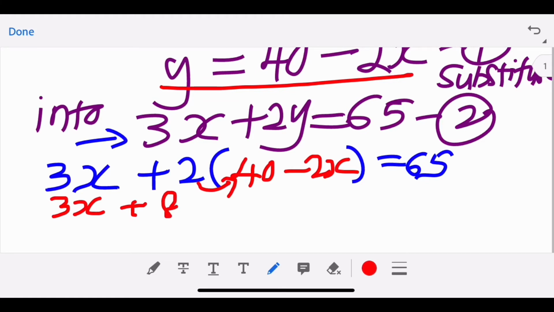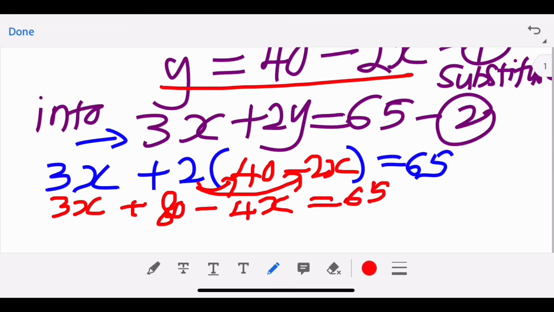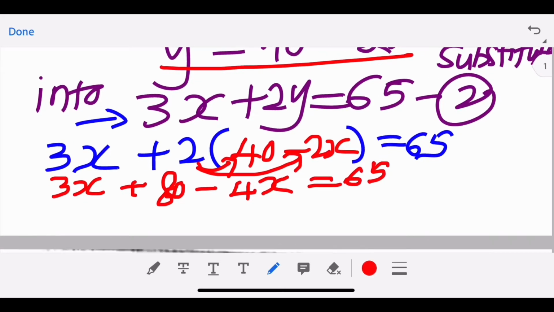And then 2 times negative 2x is minus 4x, right? Do you understand? 2 times 40 settled already. Then 2 times negative 2x, you will get negative 4x, equal to 65.